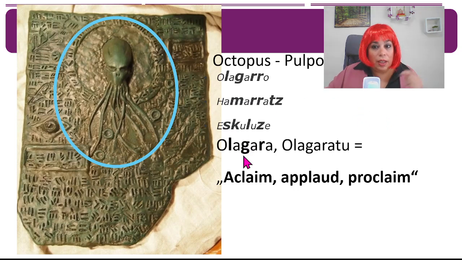So if we take, for example, this word olagara, that is using the same consonants of the word octopus, it means acclaim, applaud, proclaim. So what is saying here, this is a message, a warning, a proclaim, something that requires your attention. That is the first impact.